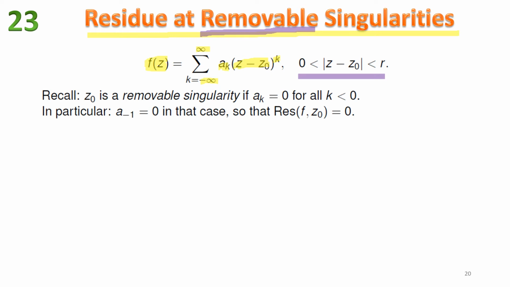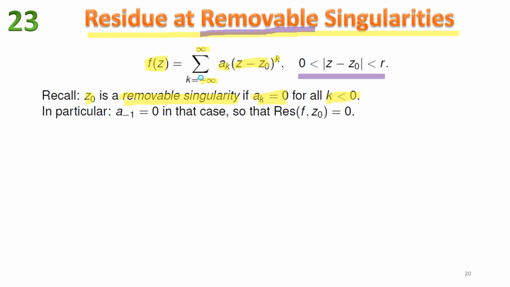Now let us recall the old concepts. z0 is a removable singularity. When the singularity is removable, the condition is that ak is equal to 0 for all k less than 0. It means that we don't have negative terms prevailing, so you can write the sum from 0 to infinity.